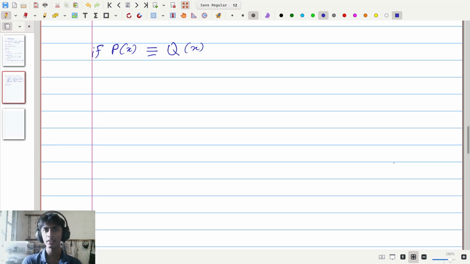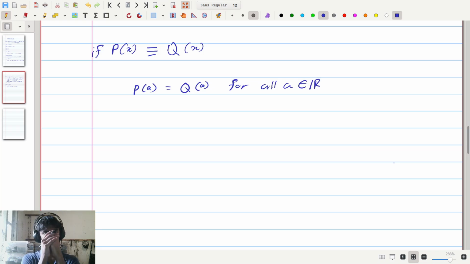So what does this mean? This means that the polynomial function p(x) is the exact same as the polynomial function q(x). They are describing the same exact function. They will look the same if you plot them. If you put in any input, you will get the same output. So what this means is that p(a), if you input a into p, will be exactly equal to q(a) for all a in the real numbers.